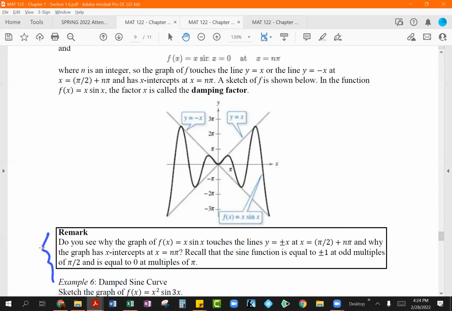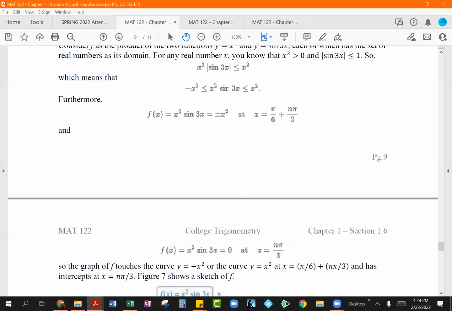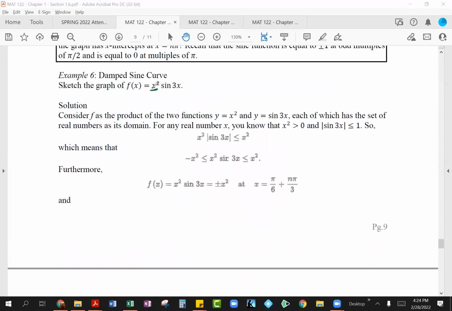And then you've got another example over here in example 6. This time you have x squared with sine of 3x. So those are the two functions we are talking about. Same kind of thing: how will each of these function behaviors change when we try and graph them together? They go through that same explanation here.